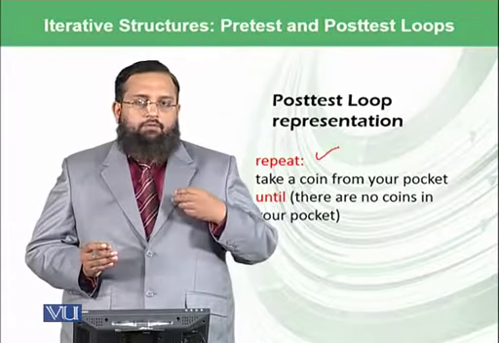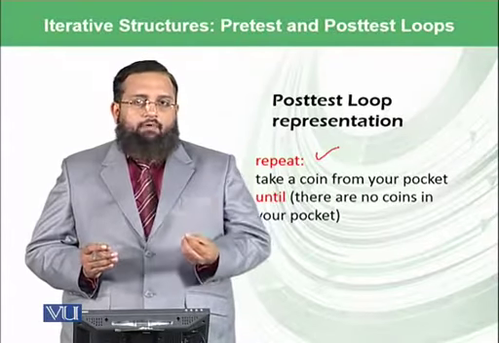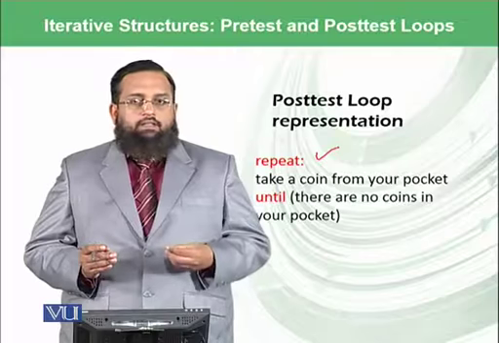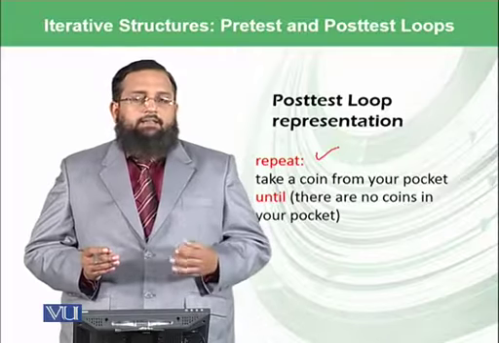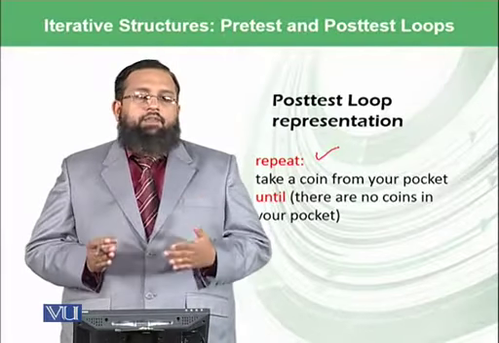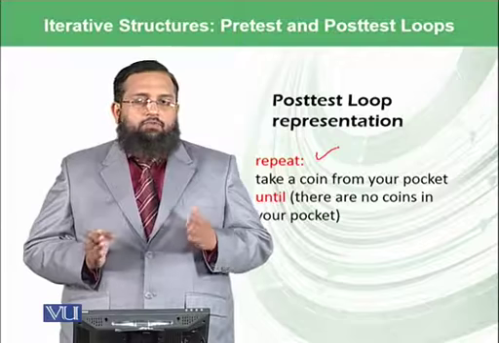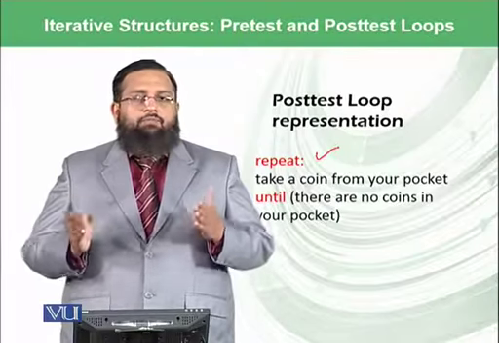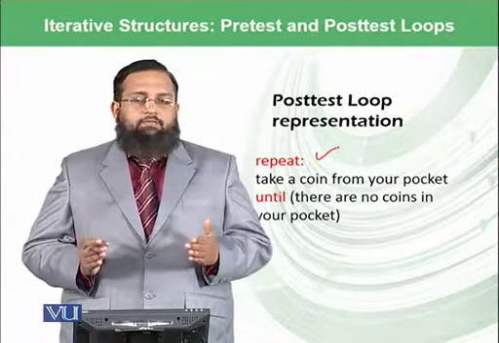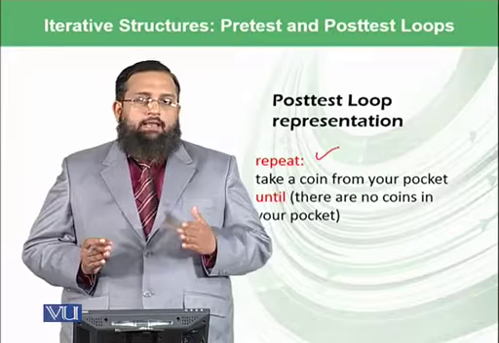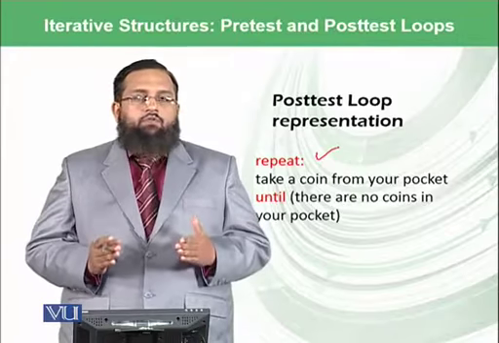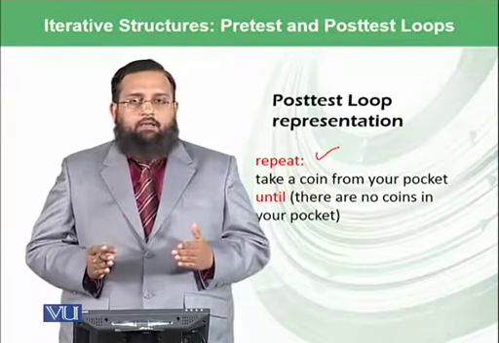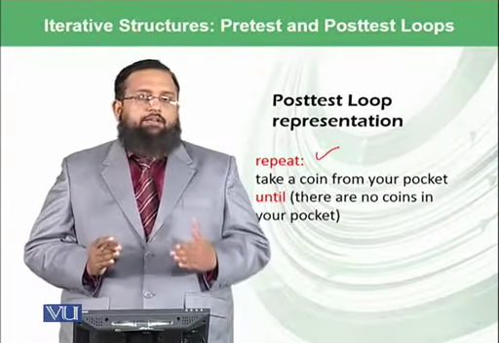First of all we take the first coin from the pocket, assuming in this loop that there is at least one coin available in the pocket. So such a loop can be used at a place where we know that it should execute at least once and then it should check the condition.